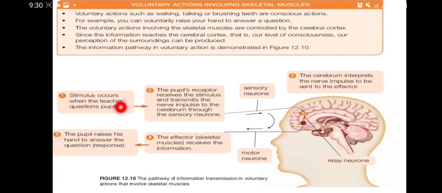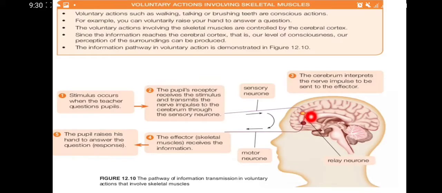For example, when a teacher asks a question, number one, a stimulus occurs when the teacher questions a pupil. The pupil's receptor will receive the stimulus and transmit the nerve impulse to the cerebrum through the sensory neuron. The sensory neuron carries the impulse to the cerebrum.